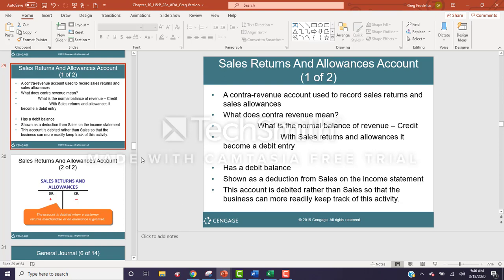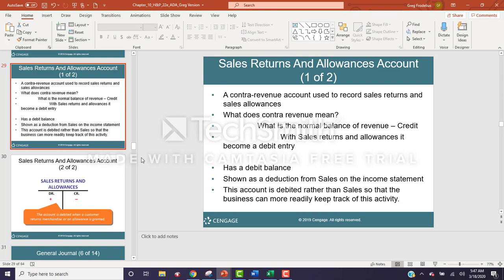But just know that for a contra account in accounting, if the normal balance is a debit, a contra means that balance is a credit. Not necessarily the normal balance, but the entry is a credit. Let me correct myself: the entry is the opposite of the normal balance.